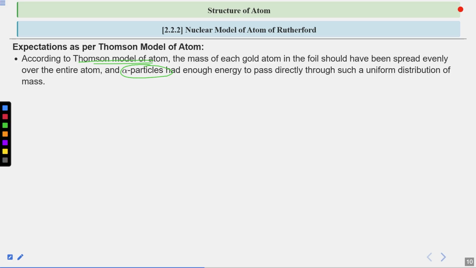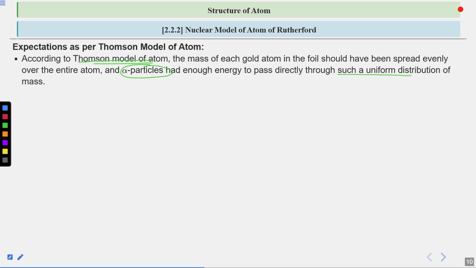Now helium-2 plus is positively charged, and your atom is also a bed of positive charge. They will repel each other, and hence there will be complete deflection. So this would happen if the Thomson model was true. It is written that the alpha particle would pass directly through such a uniform distribution if it was true.